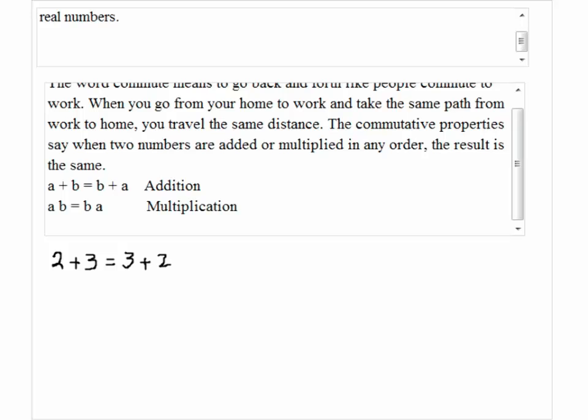Example for multiplication, we can say 3 times 7 is the same as 7 times 3. This would be an example for commutative property of addition and multiplication.